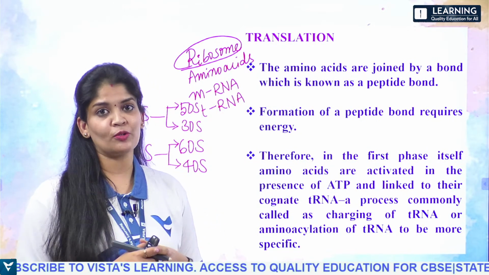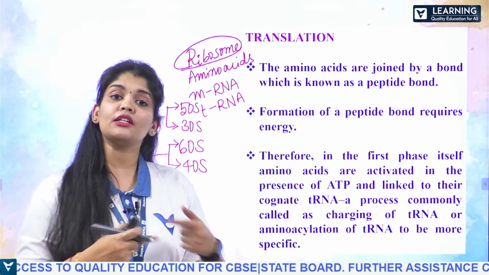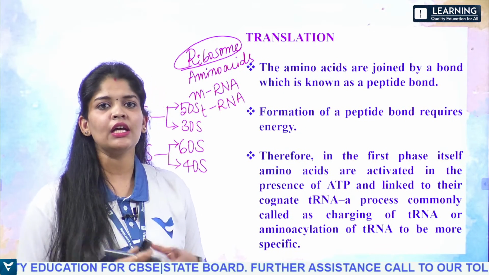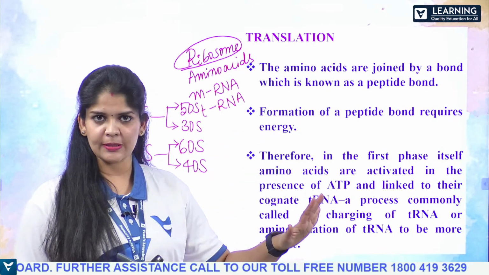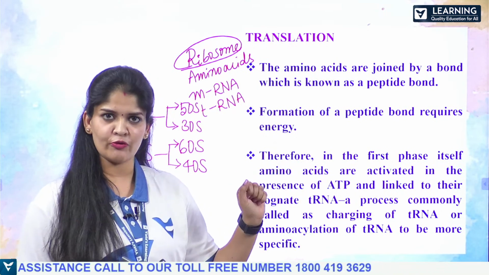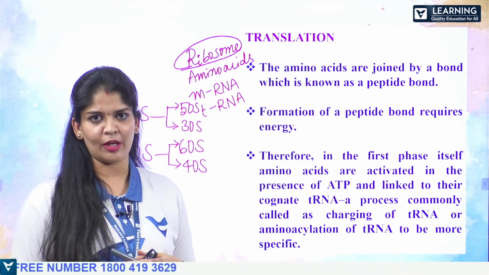Before the process of protein synthesis actually begins, there is a need for the activation of amino acids. Why do we activate the amino acids? Because the amino acids present in the cytoplasm are in an inactivated form. First, they have to be charged. We can say activation of the amino acids.